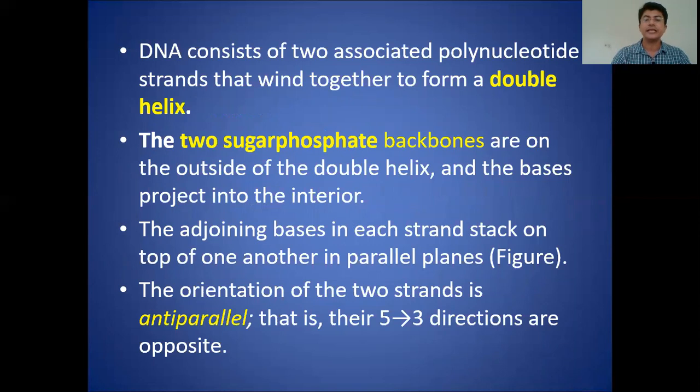The adjoining bases in each strand stack on top of one another in parallel planes, and the orientation of the two strands is anti-parallel, which means that the 5' to 3' directions are opposite to each other.